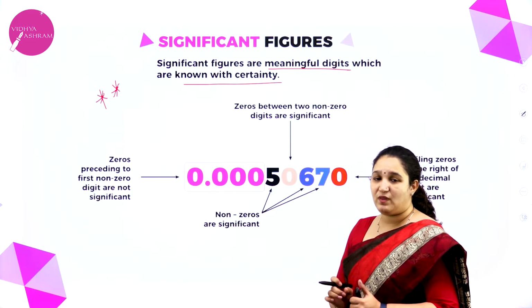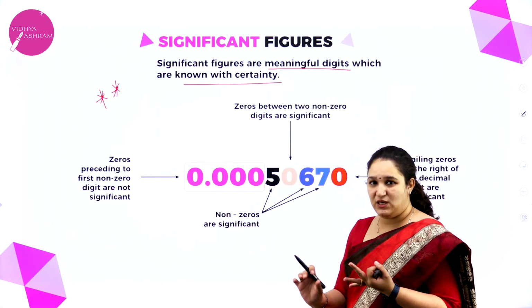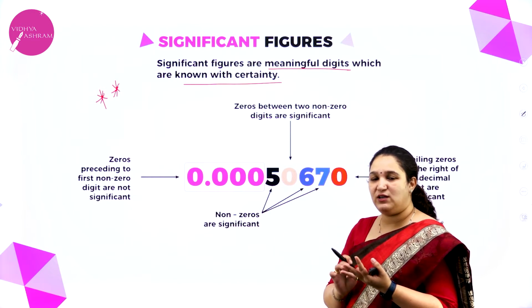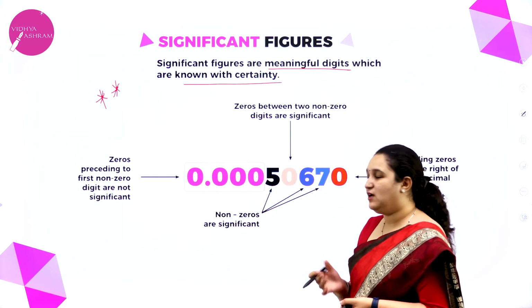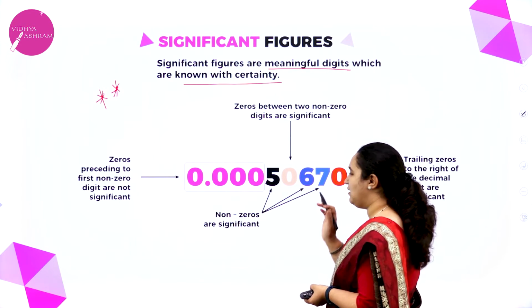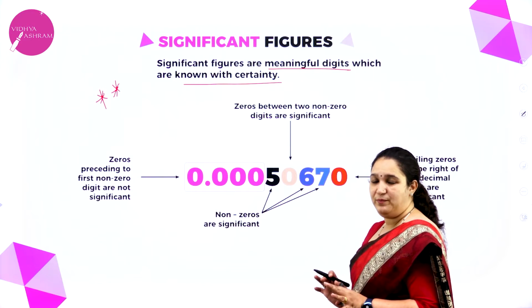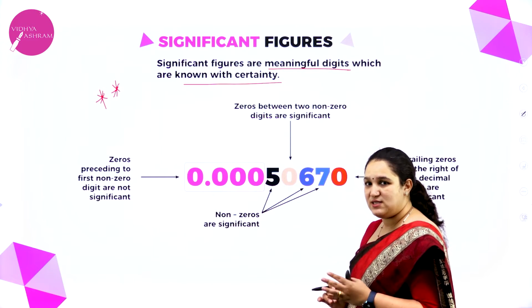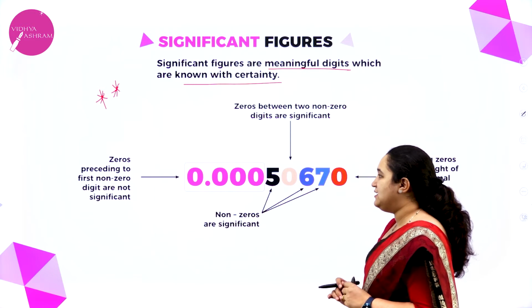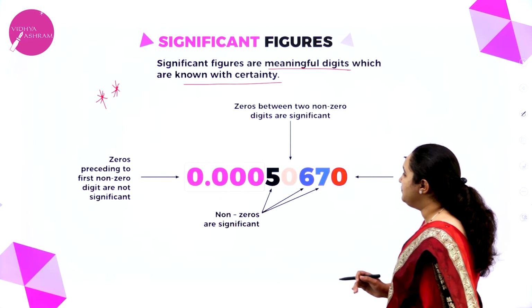That means except 0, any other digit 1, 2, 3, 4, 5, 6, 7, 8, 9, all these are significant. So, here 5, 6, 7 are significant. All the non-zero digits are significant.